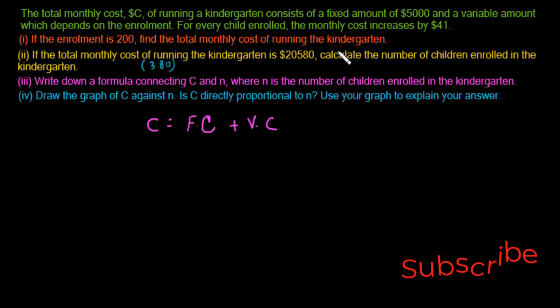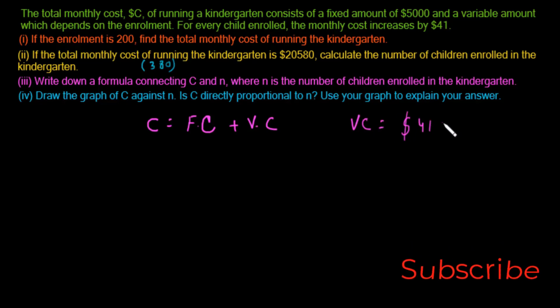And furthermore, they say that for every child enrolled, the monthly cost increases by $41. So I can write this as variable cost is equal to 41 times the number of children enrolled.